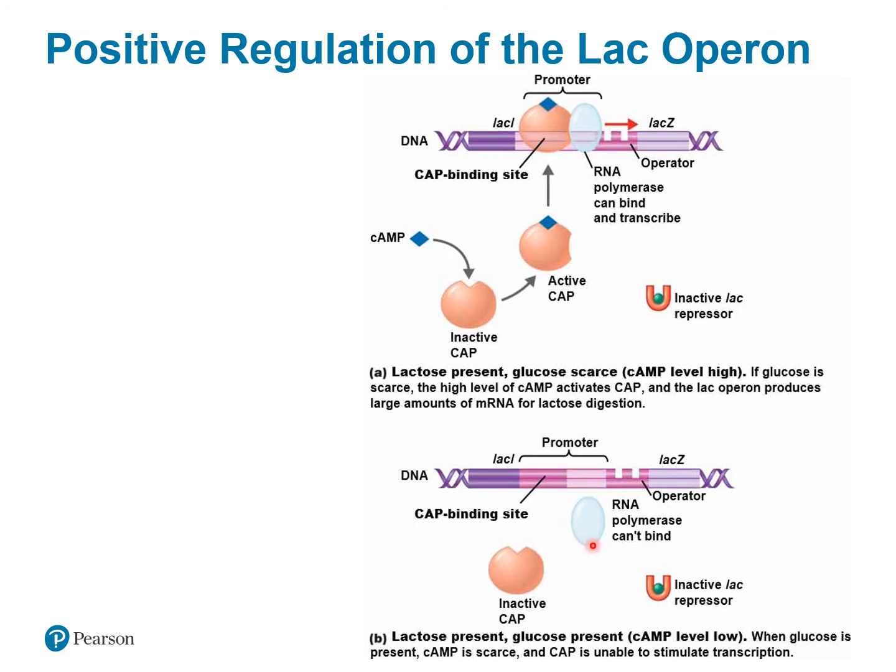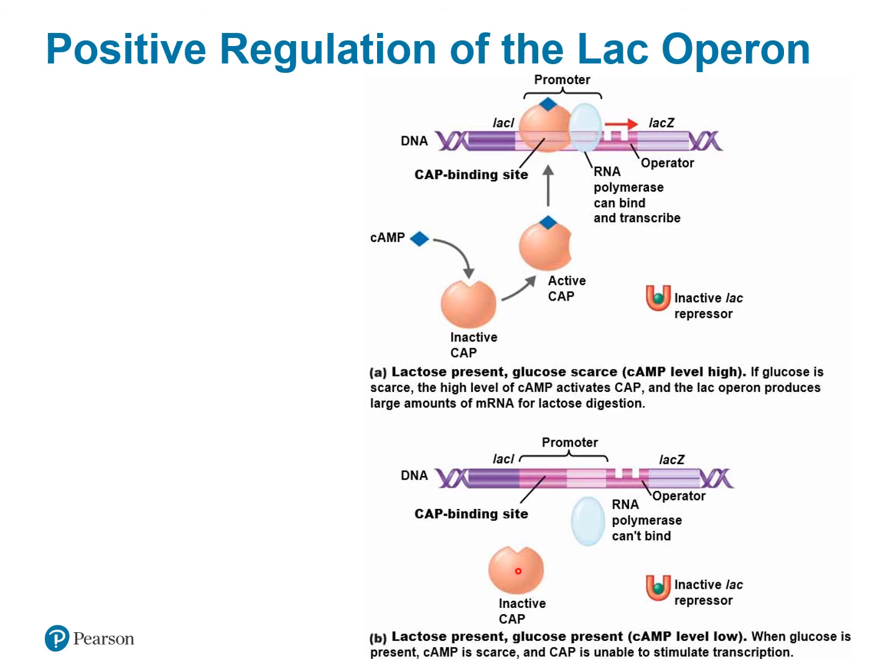And the RNA polymerase is not going to bind to the promoter. What's preventing the RNA polymerase from binding to the promoter is the high levels of glucose. When glucose levels are pretty high, then cyclic AMP is going to be very low. And you can see right here, the CAP protein stays inactive.